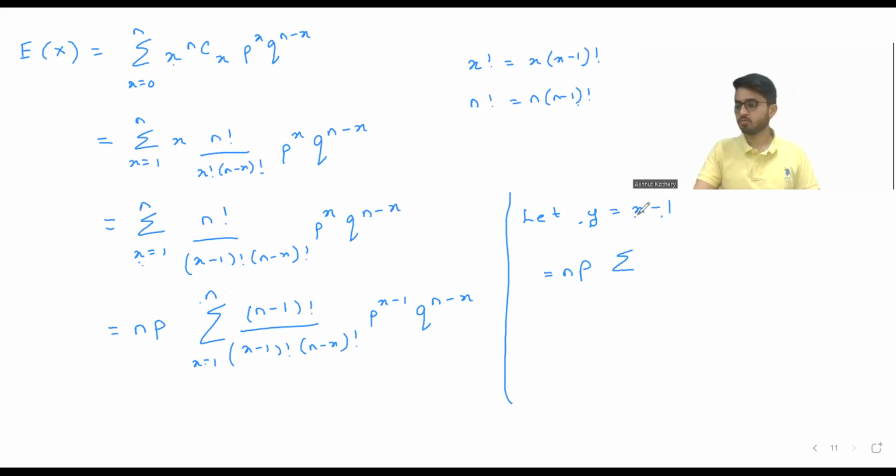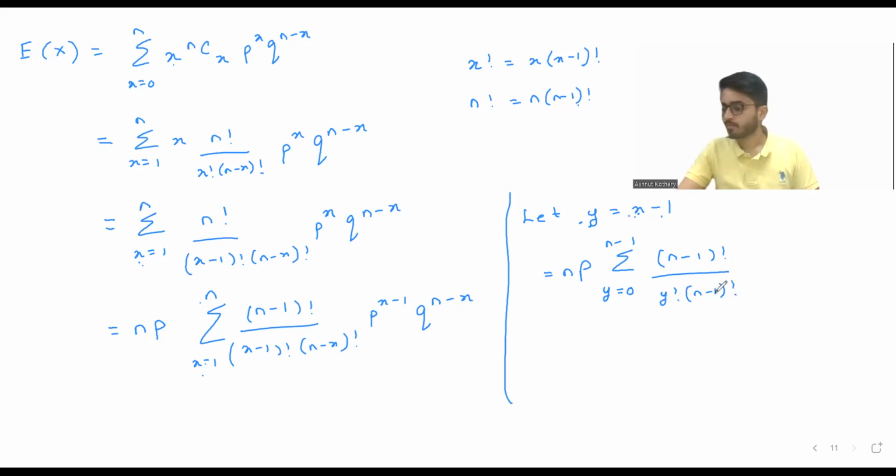When x takes the value 1, y will take the value 0. When x takes the value n, y will take the value n minus 1. So this will be y running from 0 to n minus 1, n minus 1 factorial. In the denominator, x minus 1 is nothing but y factorial, and this will be n minus y.